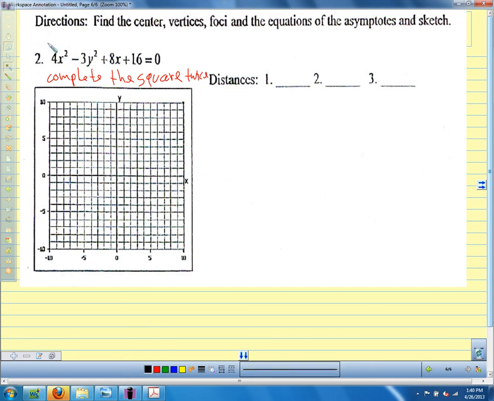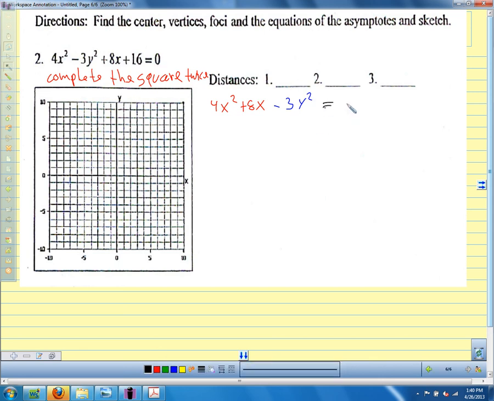So we're going to separate the x's and the y's and put the number on the other side. So I'm going to write 4x squared plus 8x minus 3y squared. And my numbers are on the other side.